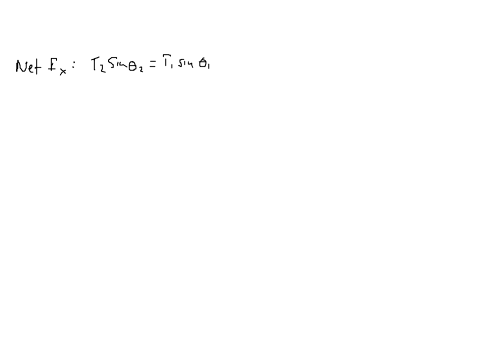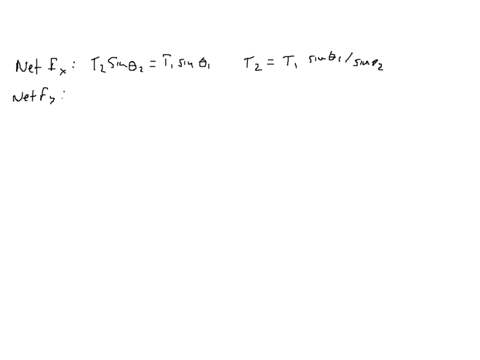So we can then relate T2 to T1. So T2 equals T1 sine theta 1 over sine theta 2. And since the sine of thetas don't have any units, then you can see this works out.